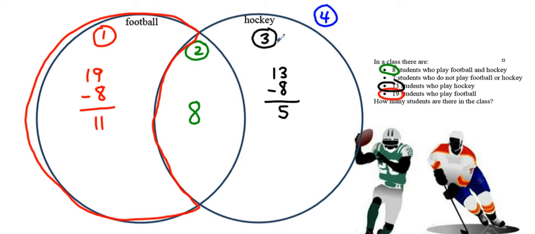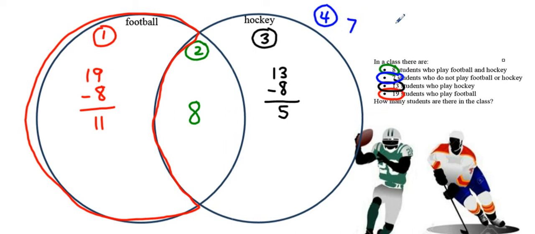So this is saying section 3, hockey only is 5, plus the people who play hockey and football gives you a total of 13 people that play hockey. Section 4 is on the outside, and those are people that don't play either, because it's not inside either circle. So that are these 7 people here.